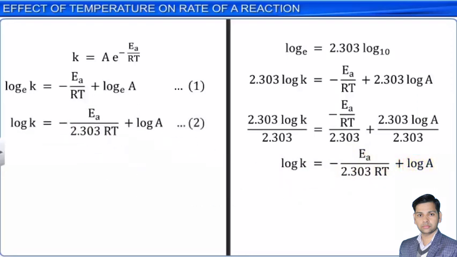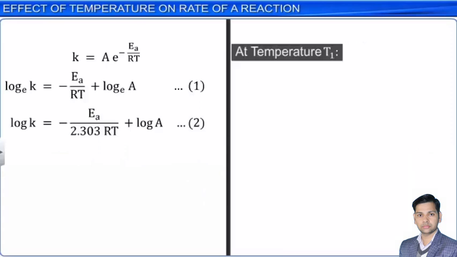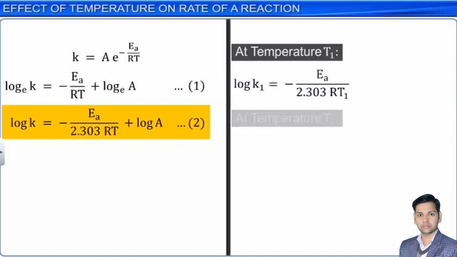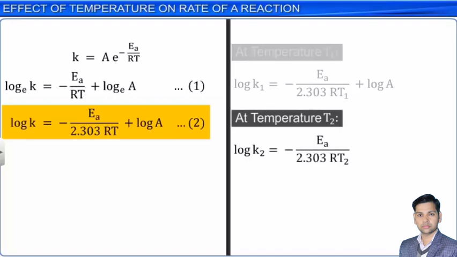At temperatures T1 and T2, equation 2 becomes log K1 is equal to minus EA divided by 2.303 RT1 plus log A, and we get log K2 is equal to minus EA divided by 2.303 RT2 plus log A. Let these equations be 2A and 2B respectively.